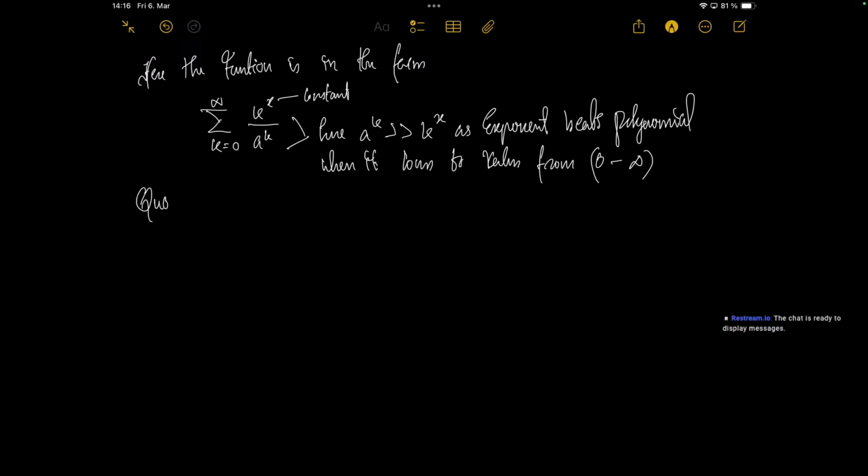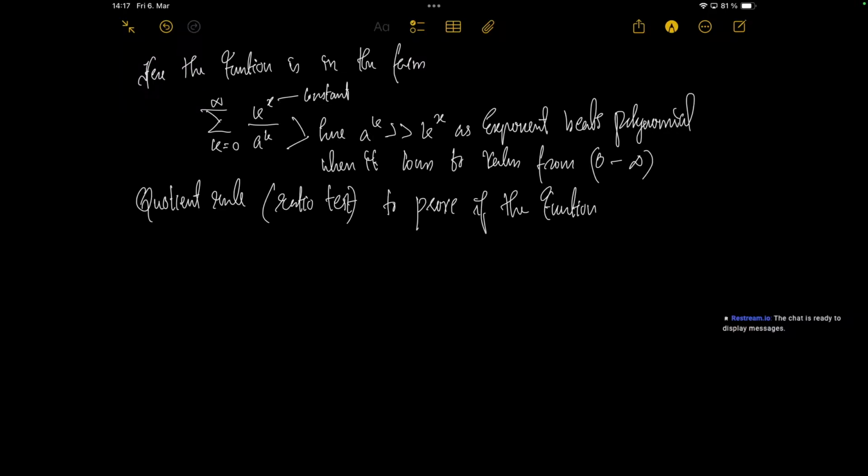Now the quotient rule, or ratio test, to prove if the series converges absolutely or not.